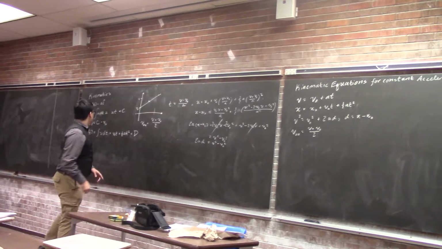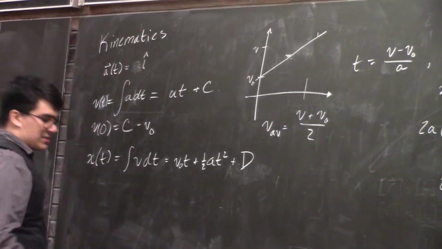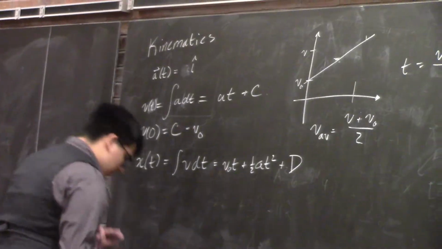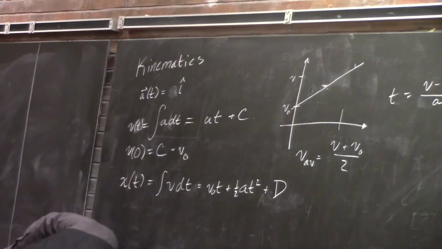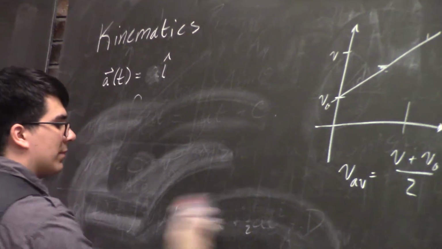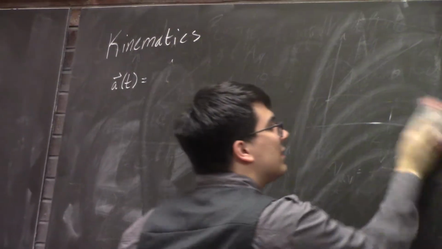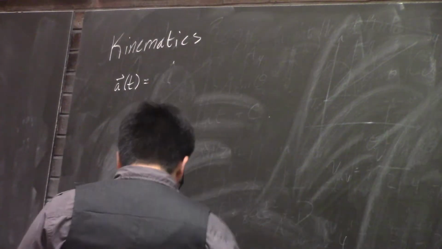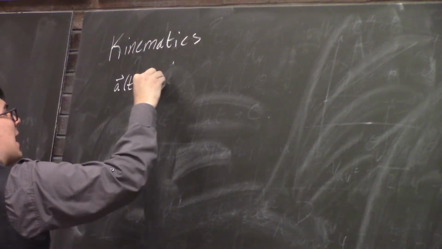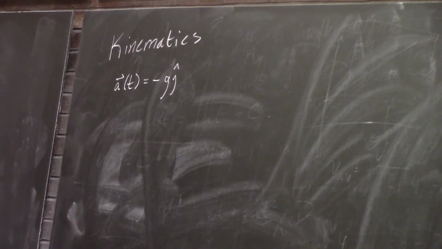And my acceleration vector is not going to be a i hat. It is going to be minus g j hat. It's going down in the negative y direction, and it's got a magnitude of g.